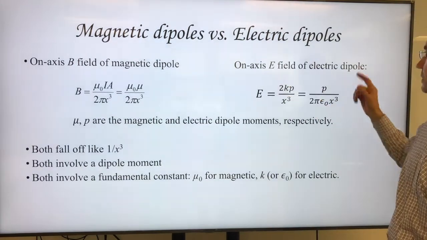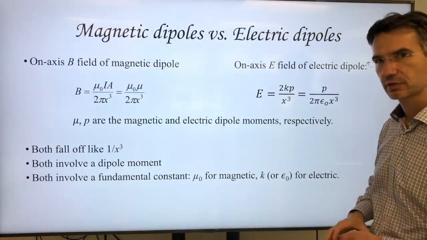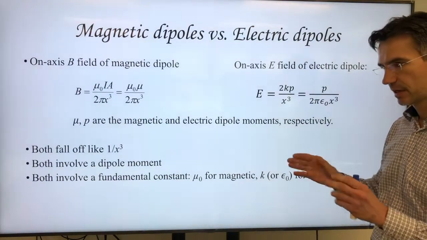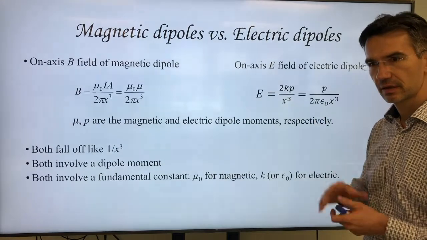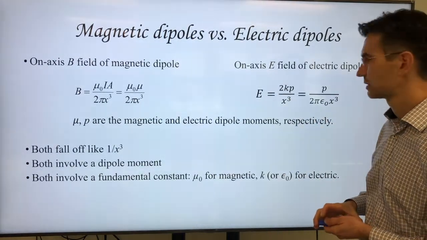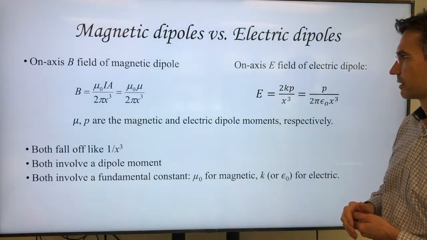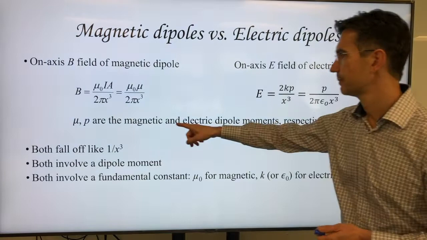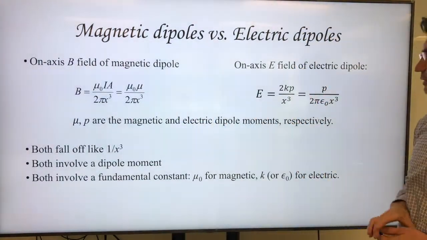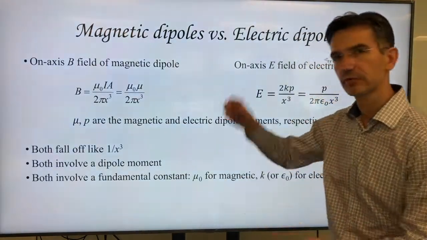And here's our electric dipole moment, where again, x is distance away from the electric dipole along the line that is perpendicular to the middle, to the line that connects the two charges in the dipole. So you can see these two have similar forms. Here mu is the magnetic dipole moment, and p is the electric dipole moment. You can see they have similar forms. They both fall off as 1 over distance cubed.